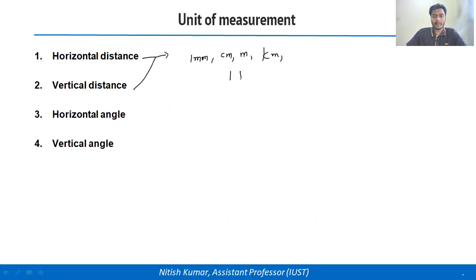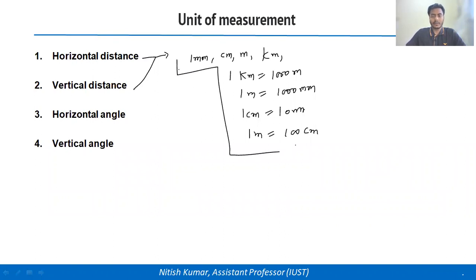Maybe you have some idea: 1 kilometer is equal to 1000 meter, 1 meter is equal to 1000 mm, 1 centimeter is equal to 10 mm, and 1 meter is equal to 100 centimeter. There are other units of length also, but generally we use these.